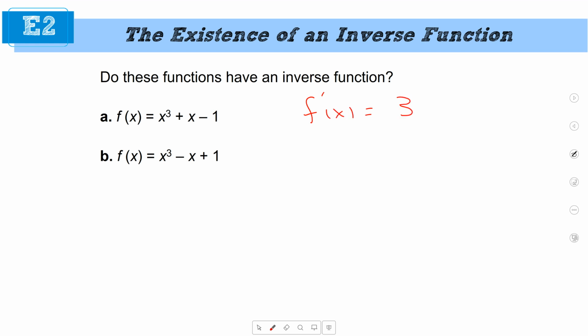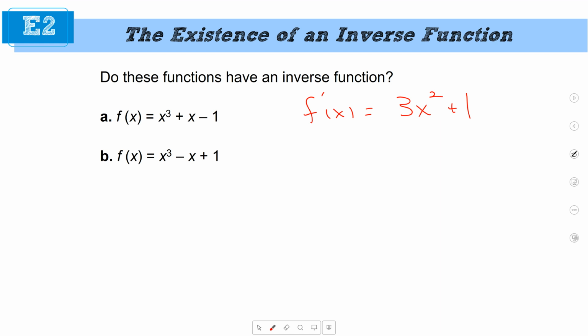F prime of x in this case is 3x squared plus 1. All right, what can you tell me about that derivative? It's a parabola. Anything else? Yes, it opens up. Good.